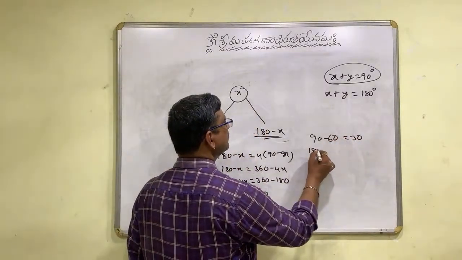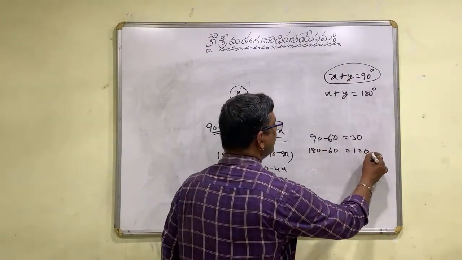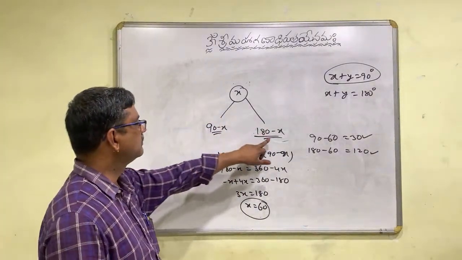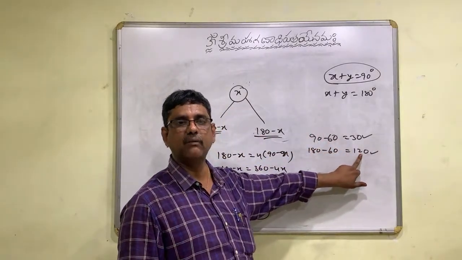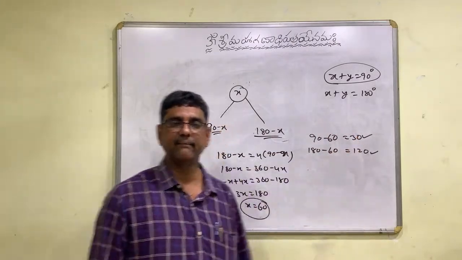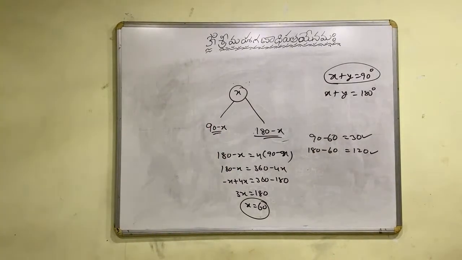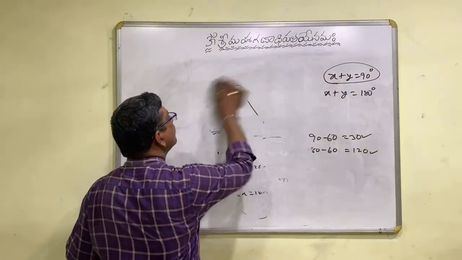What is its supplement? 180 minus 60, that is 120. Now tell me, is 120 four times 30 or not? That is what the question says: the supplement is 4 times the complement. For 60, the supplement is 120 and the complement is 30. So 120 is 4 times 30. Understand, children? Did you understand? Okay. Next.